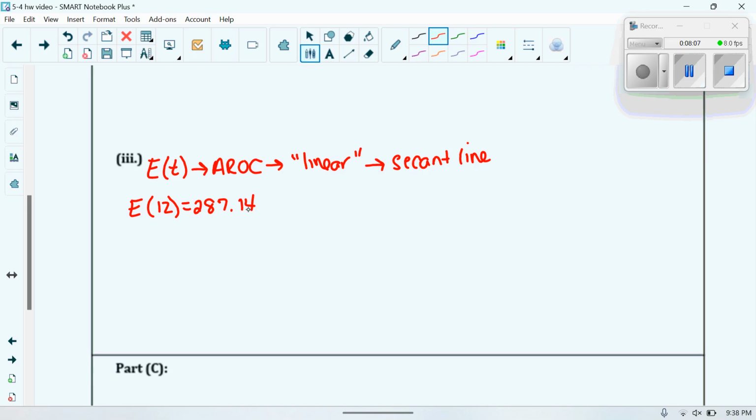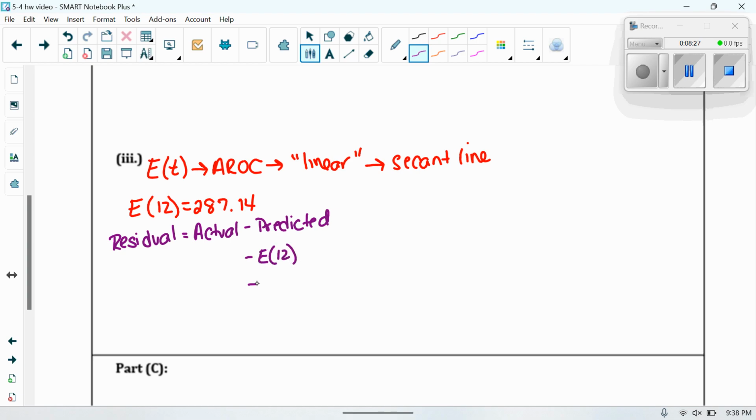So there's a couple of different things happening here. Let's first start with residual. So a residual is equal to actual minus predicted. They told me the predicted was E of 12, which is 287.14.